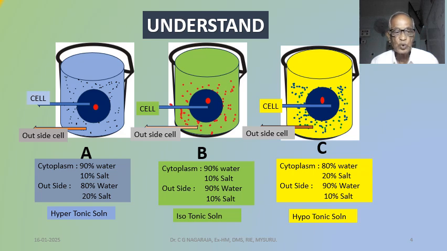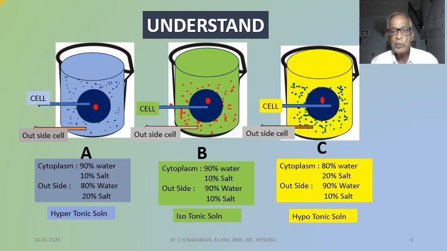Which one has more water? I think 90% has more water and less solute or fewer particles. So when this type of thing happens, we call that a hypertonic solution. We say the cell is in the hypertonic solution.